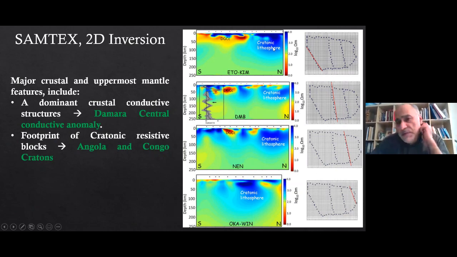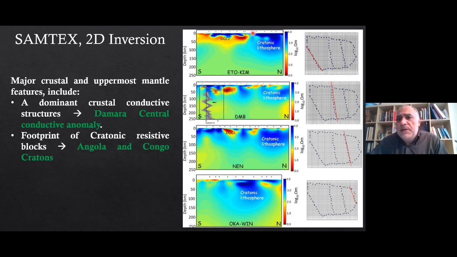The most interesting observation here from the 2D modeling is a very conductive anomaly located where the Damara belt is, in that part here. And directly to the north of it, somewhere here, the 2D model shows a very resistive block, similar to what we saw in the USArray. These cratonic lithospheric structures are really very resistive.